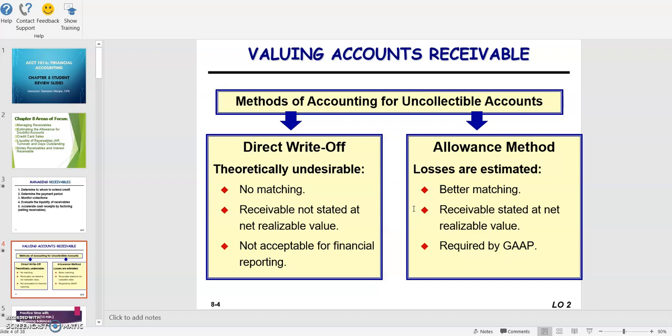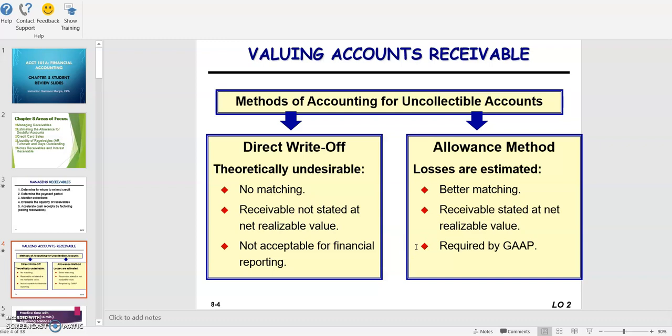So that way our balance sheet reports our accounts receivable at its net realizable value. So the net amount we actually expect to realize or receive from our customer. And this allowance method is required by the generally accepted accounting principles referred to as GAAP.